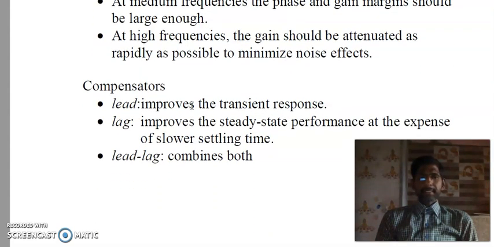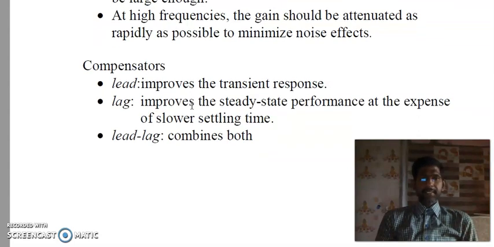Compensators: lead compensator, lag compensator, lead lag compensator, three are there. The lead compensator improves the transient response. The lag compensator improves the steady state performance at the expense of slowing the settling time. The lead lag compensator combines both the transient response as well as the steady state performance.